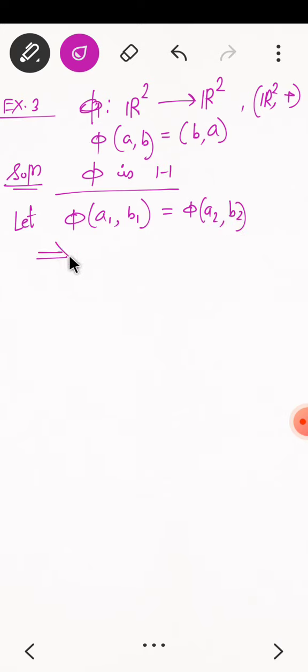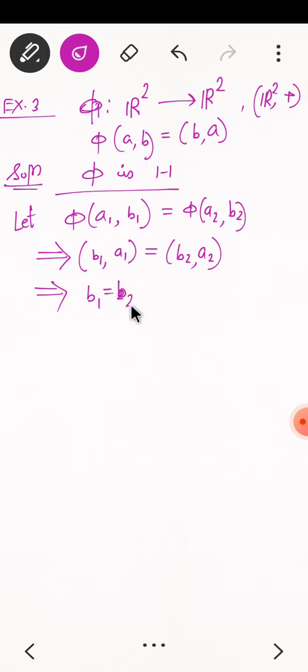By definition of phi, this is (b1, a1) and this is (b2, a2), which implies that b1 equals b2 and a1 equals a2.